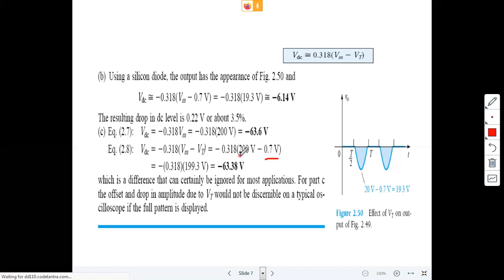Observe here, 200 volts minus 0.7 is approximately equal to 200. So the value is approximately equivalent to the ideal diode values, right? Okay.